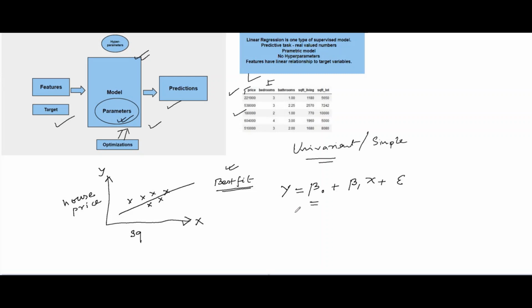In this case, beta 0 is my coefficient, or you can say intercept also, and beta 1 is basically the slope for this particular feature, and this residual is my error, because whatever you do there will always be some error, so we have to account for that in the final value. So this is the function for univariate linear regression.